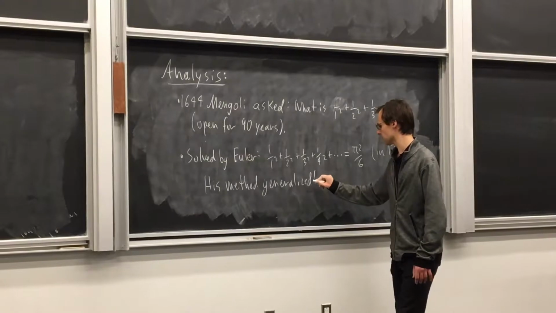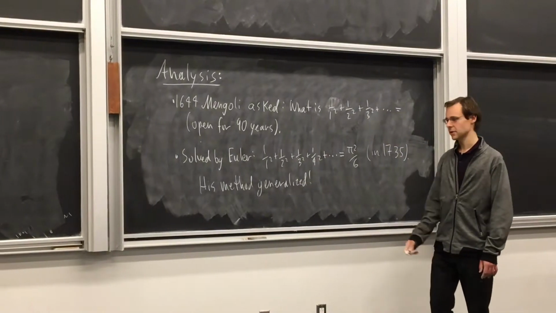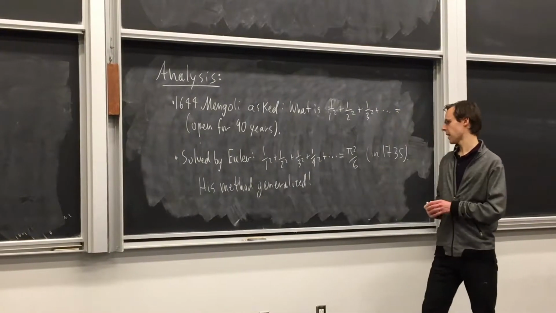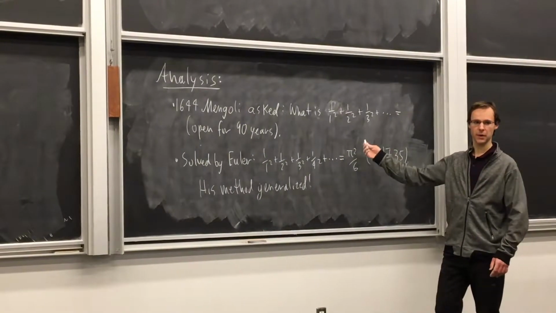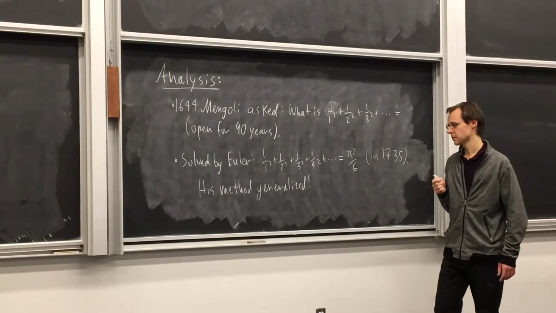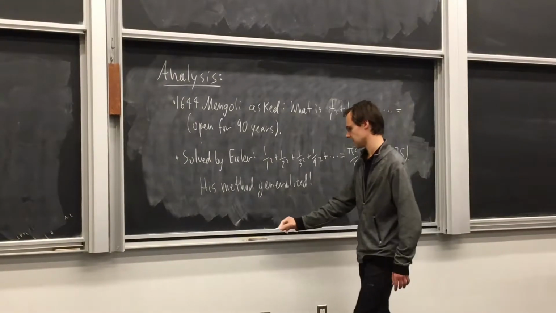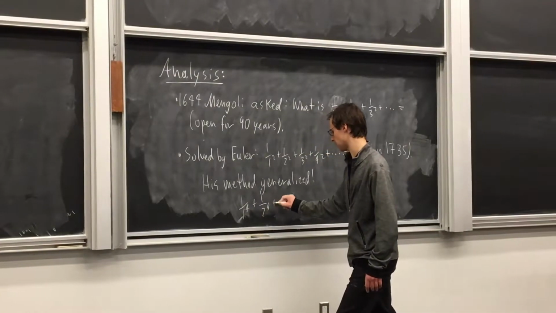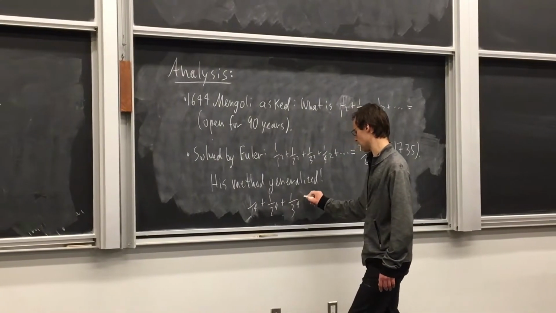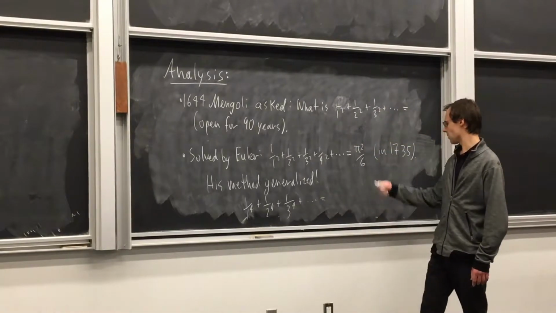Okay? In order to prove that the sum of the reciprocals of all the even powers is equal to something that looks like this, a power of pi times some rational number. Okay, so his method generalized, and it allowed him to find that the sum of the reciprocals of the fourth powers, let's say, is also in this form.